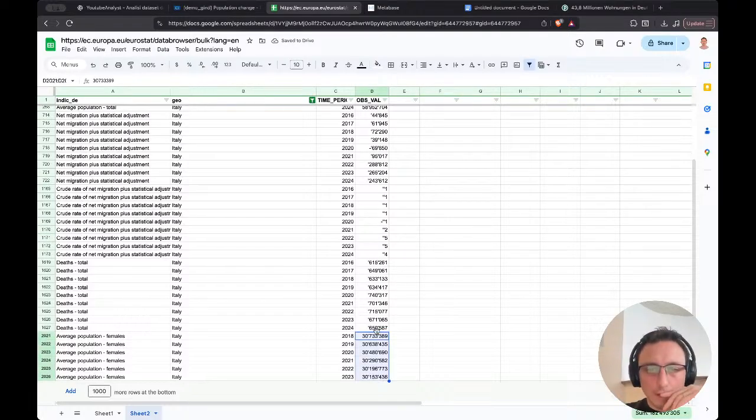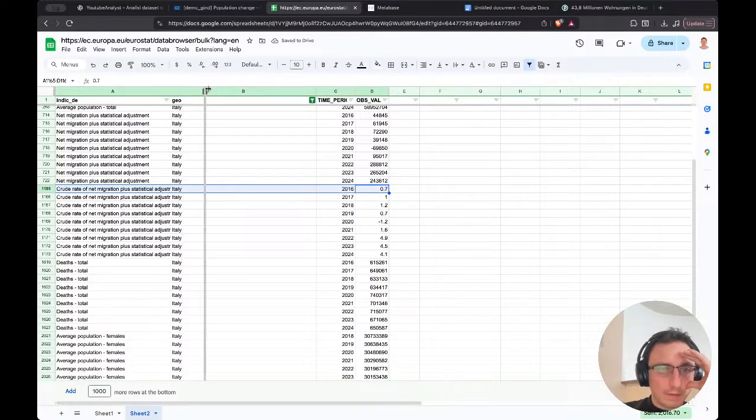Okay, 30 million. The crude rate of net migration. I guess this one is a percentage. 0.7.